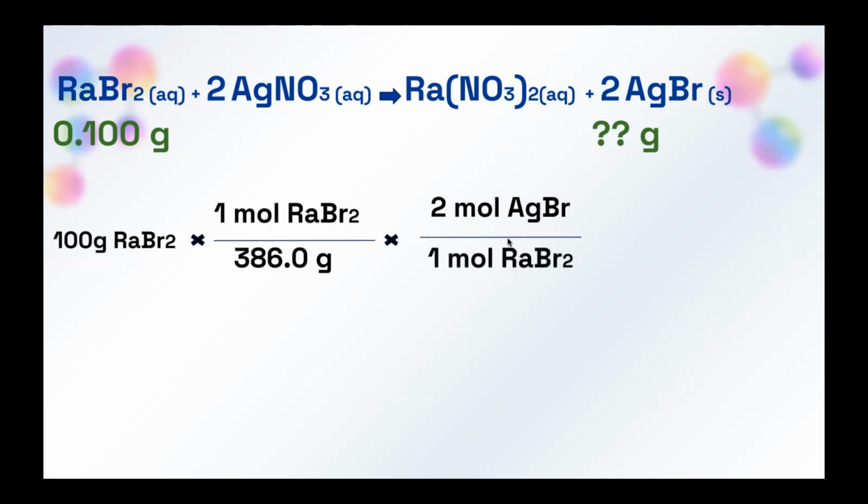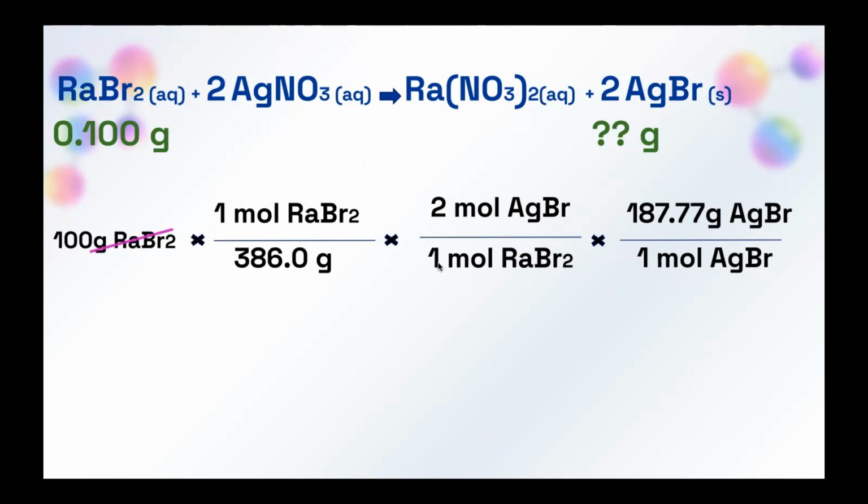This is the mole ratio of silver bromide and radium bromide, as you can see in the chemical equation. And then you times it with 187.77 grams over 1 mole silver bromide.